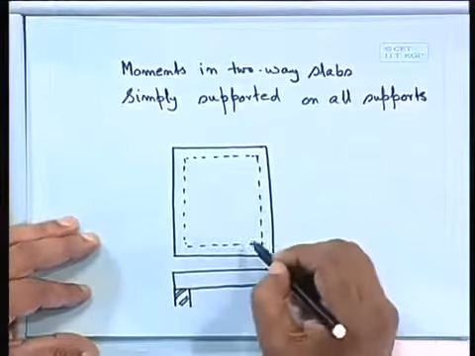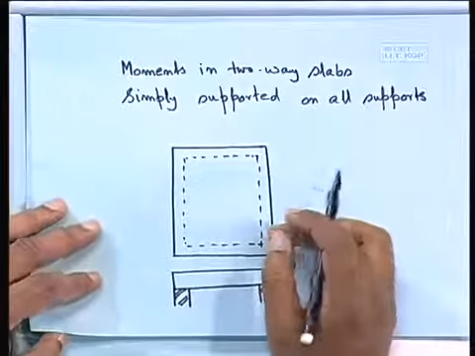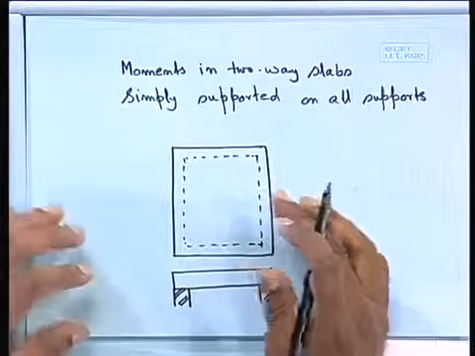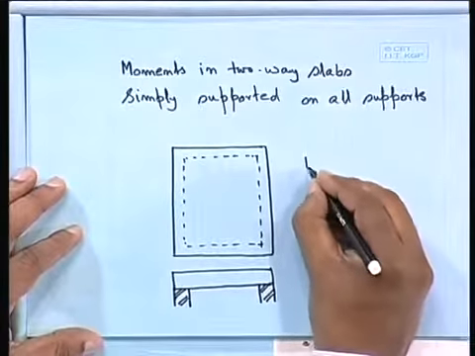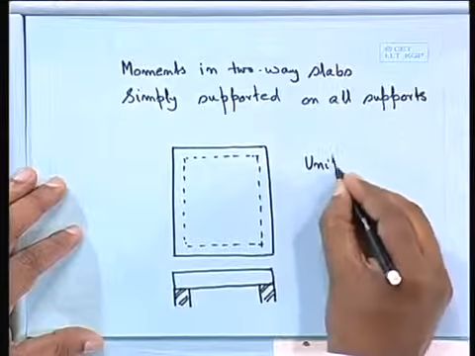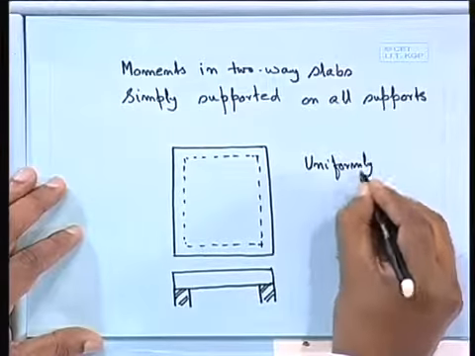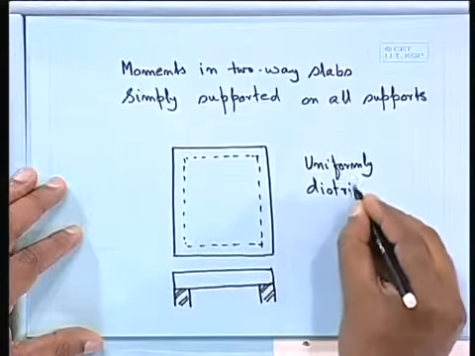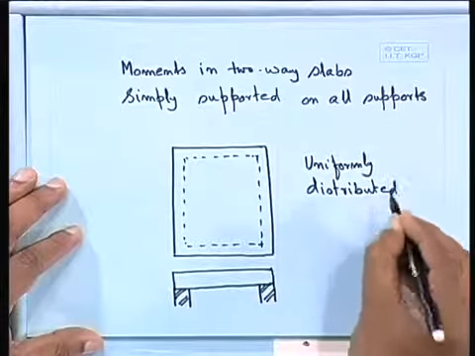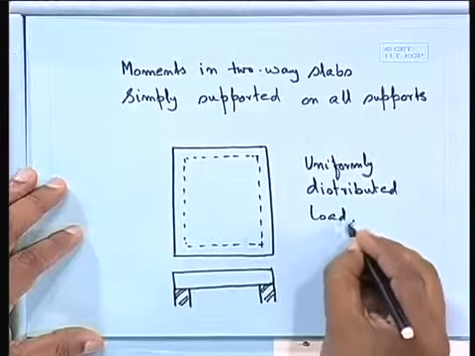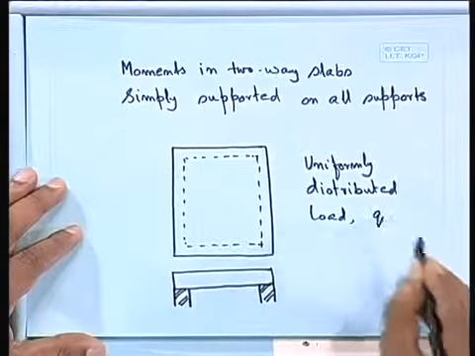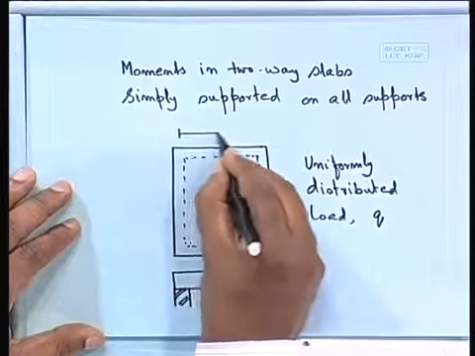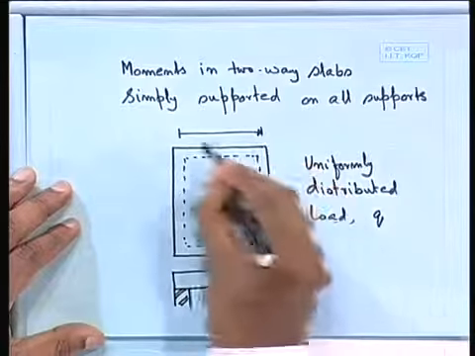And we have to design that, we have to find out that moment distribution. That means whatever the load we are getting here, maybe we can say uniformly distributed load. Let us say that is Q. We can say, let us take center to center distance or the effective span, whatever we call it.